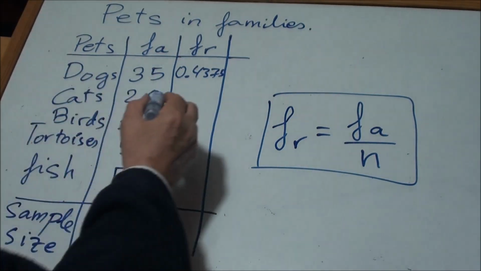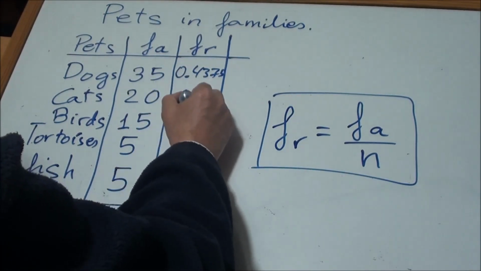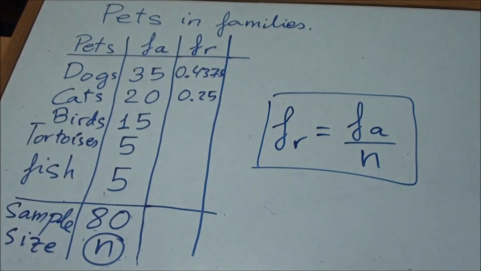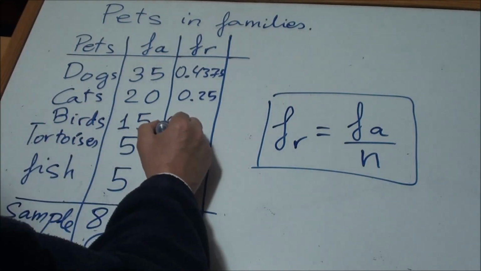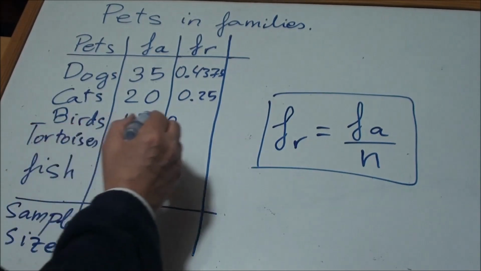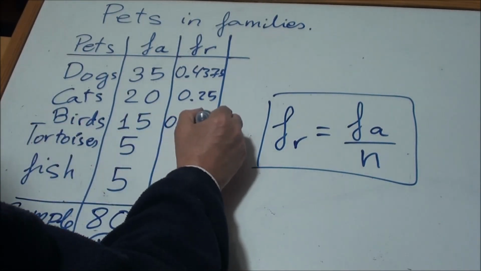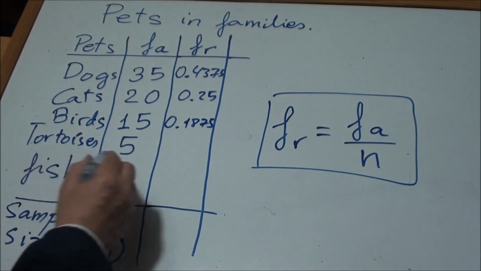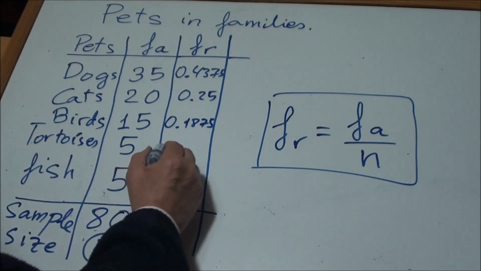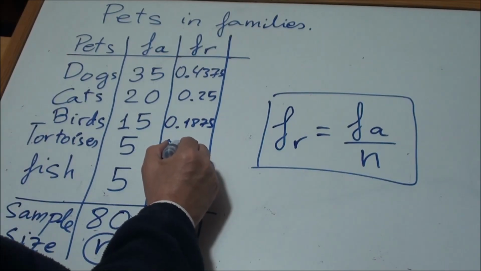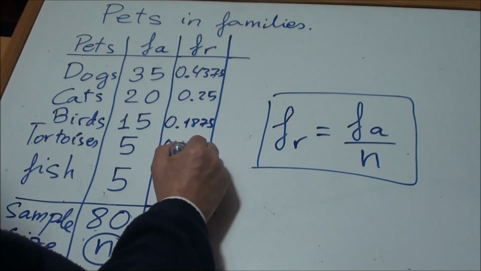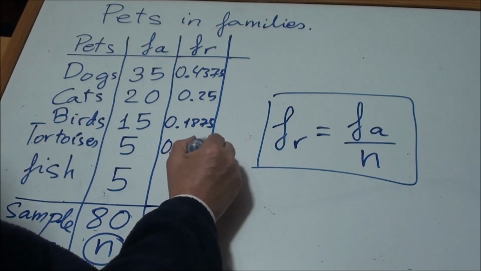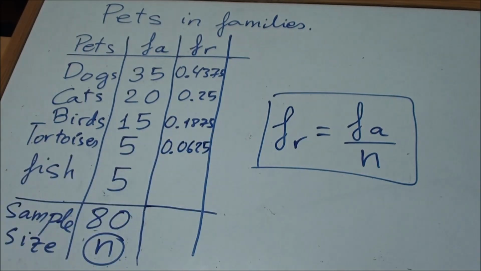20 divided by 80 is 0.25. 15 divided by 80 is 0.1875. 5 divided by 80 is 0.0625. You can use your calculator and check these results.